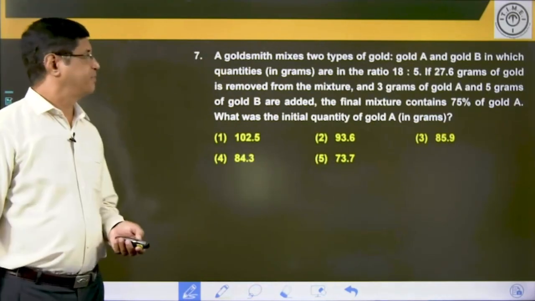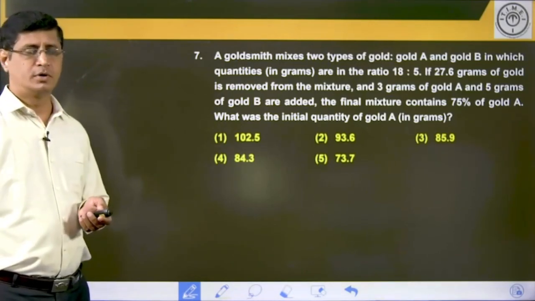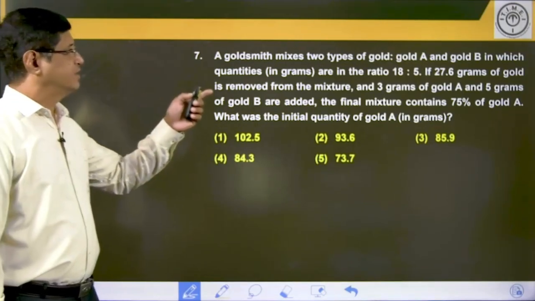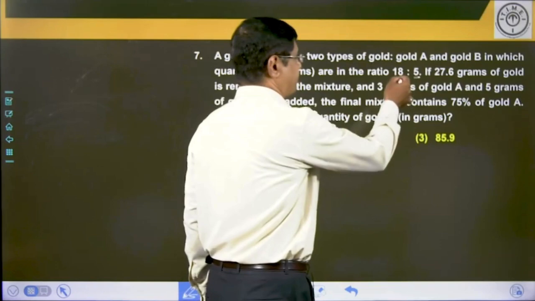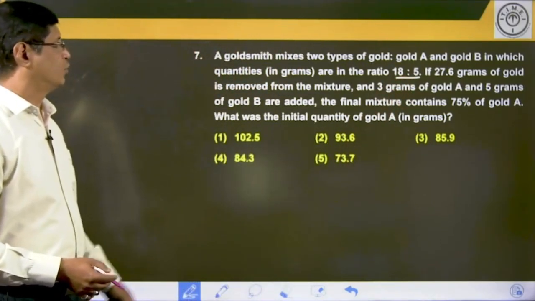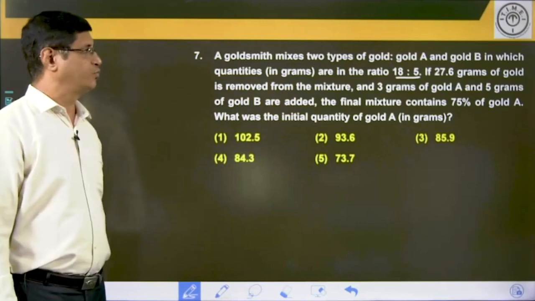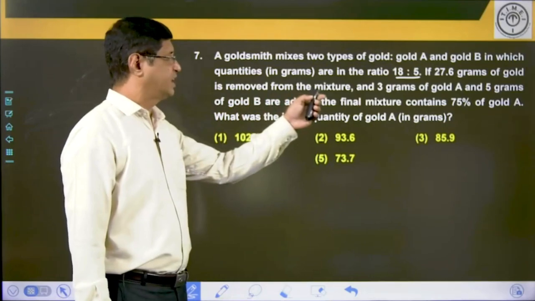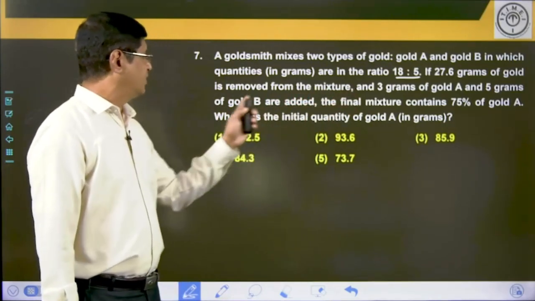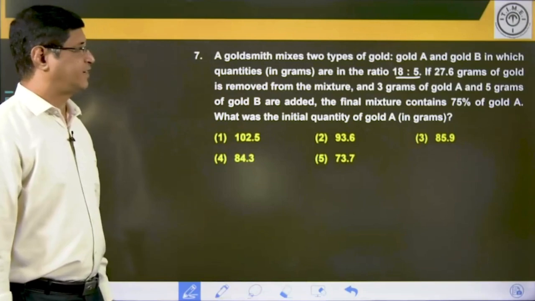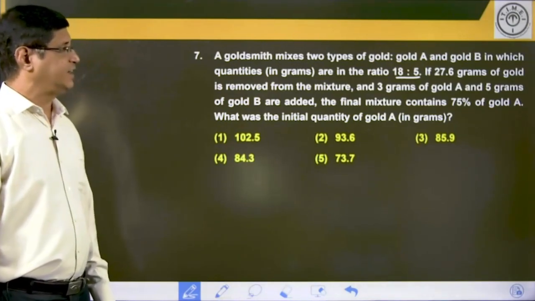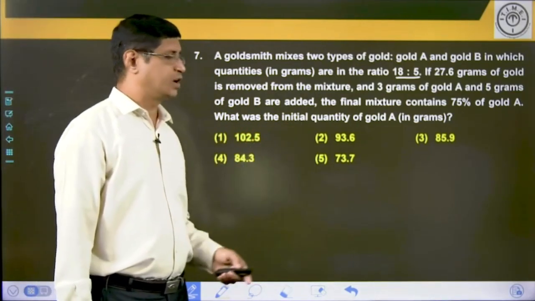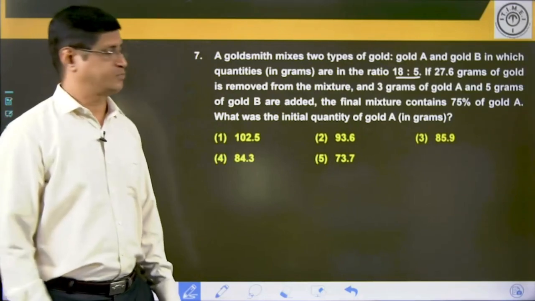A goldsmith mixes 2 types of gold, gold A and gold B, in quantities in grams in the ratio 18:5. If 27.6 grams of gold is removed from the mixture and 3 grams of A and 5 grams of B are added, the final mixture contains 75% of gold A. Then what was the initial quantity of gold A in grams?